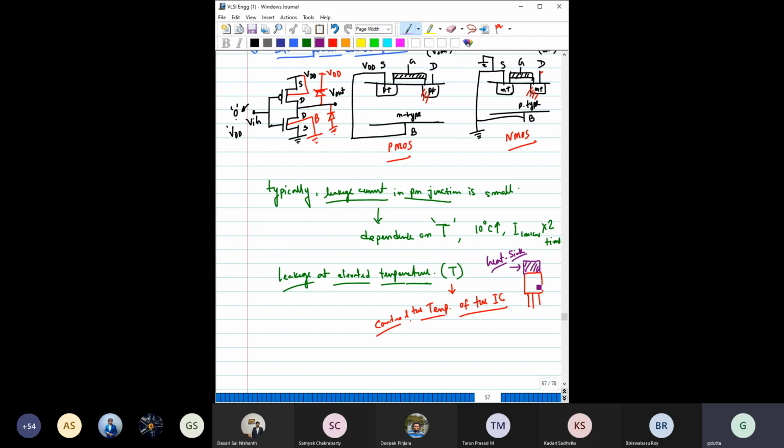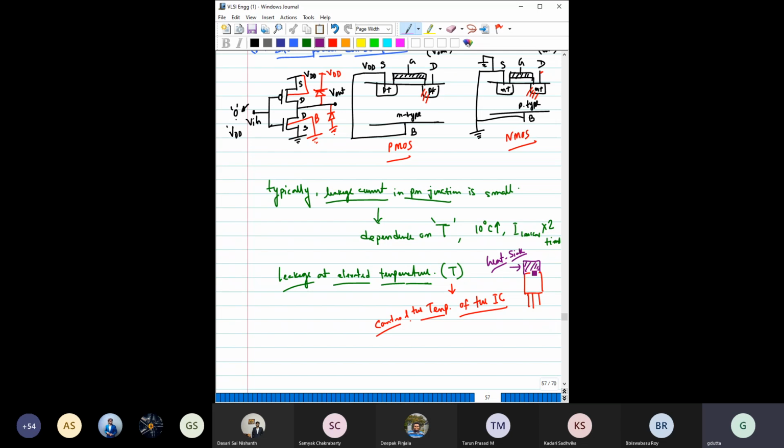Otherwise the junction temperature inside the device will be so high that the power dissipation will increase dramatically, and it will also deteriorate the performance of the device, because mobility is a strong function of temperature. If the temperature increases, mobility will also degrade drastically, right? So you should have a proper heat dissipation technique.